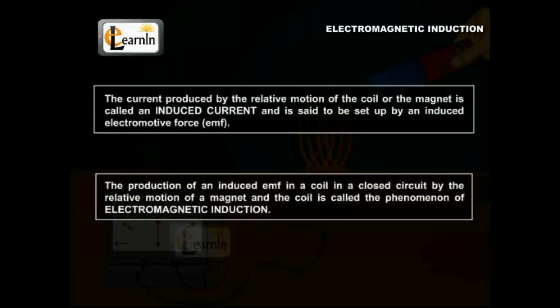The production of an induced EMF in a closed circuit by a relative motion of a magnet and its coil is called the phenomenon of electromagnetic induction. So in the first equation, the closed loop integral of E dot dl means that the EMF is induced in the closed circuit. Okay, that is the indication of closed circuit integration.